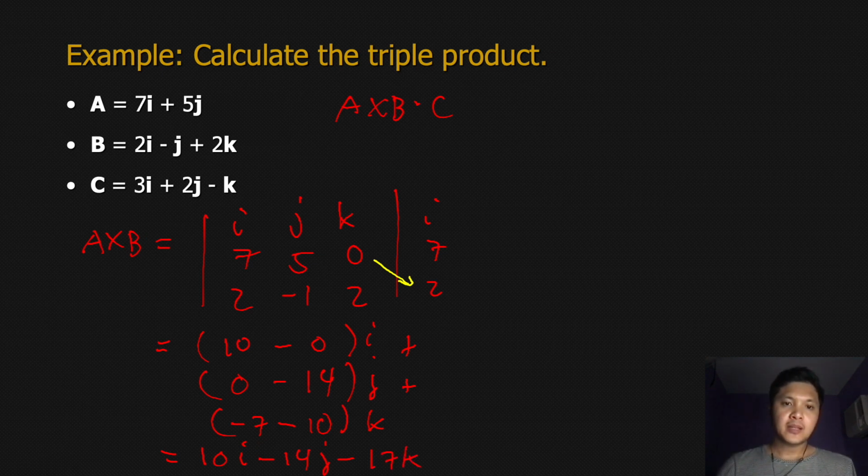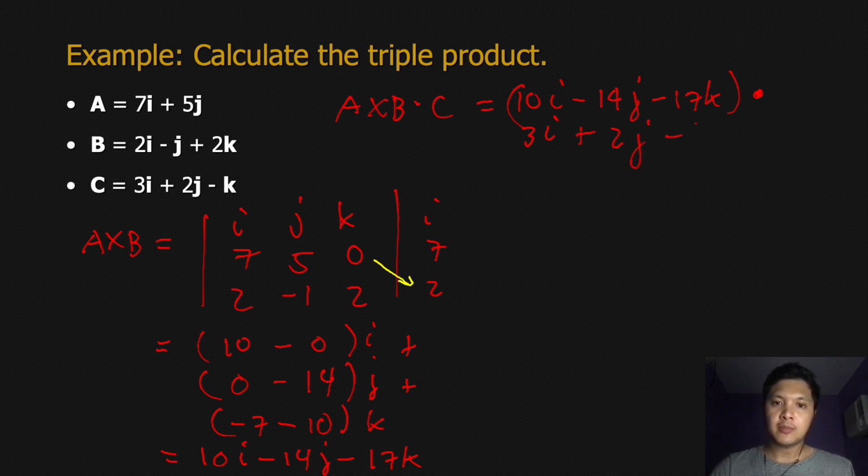Now let's dot this answer with C. So that is 10i minus 14j minus 17k, dotted with 3i plus 2j minus k. So 10 and 3 is 30.